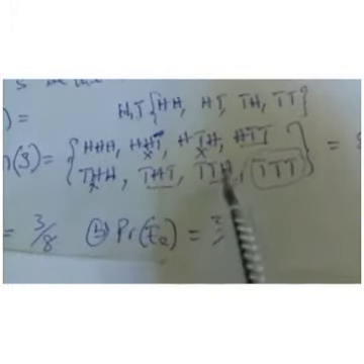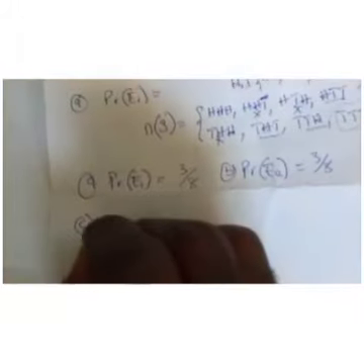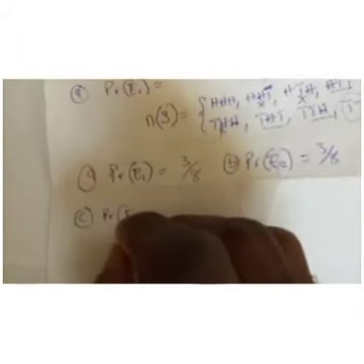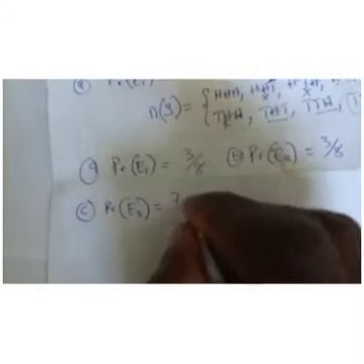So the probability that at least one head appears is 1, 2, 3, 4, 5, 6, 7, because we have head there. So the probability of event 3 will be equal to 7 over 8, because 1, 2, 3, 4, 5, 6, 7. So it will be 7 over 8.